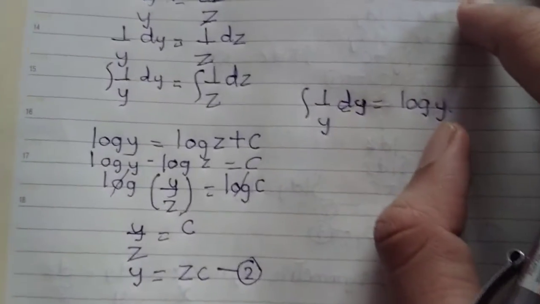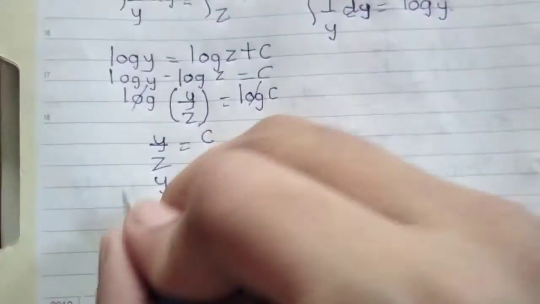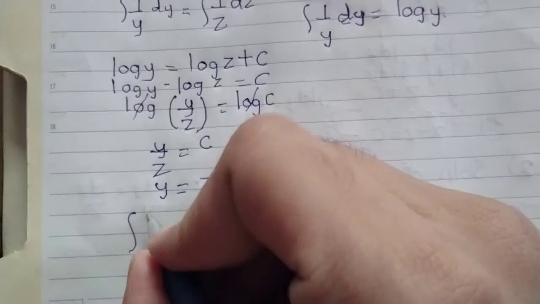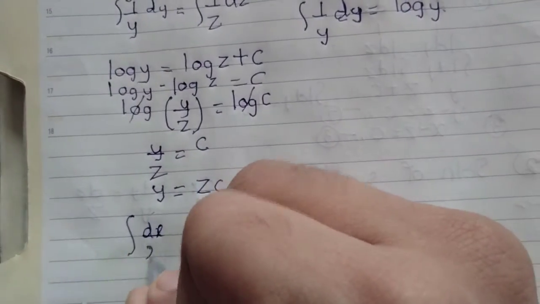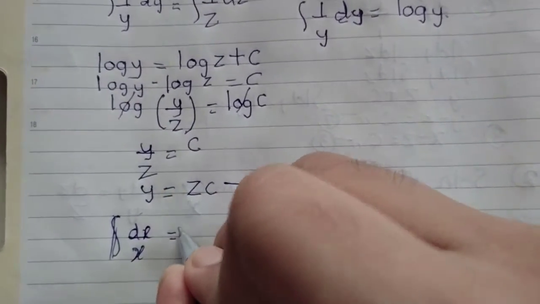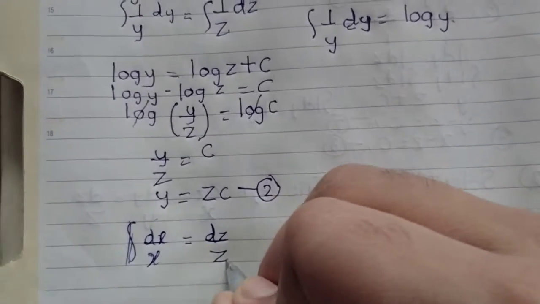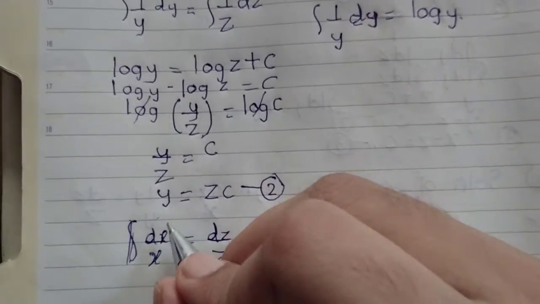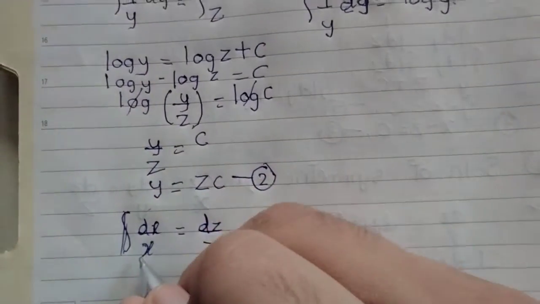So if we write integration of dx by x is equal to dz by z, then the answer will be x is equal to zc.